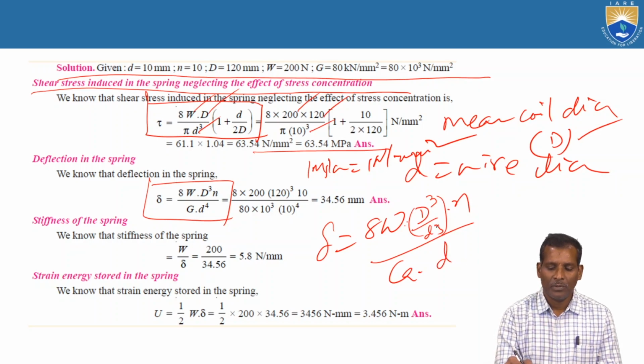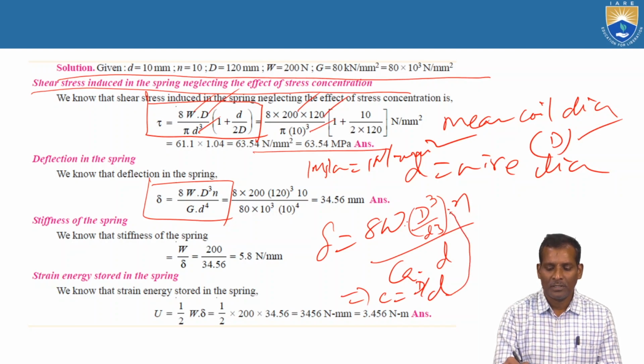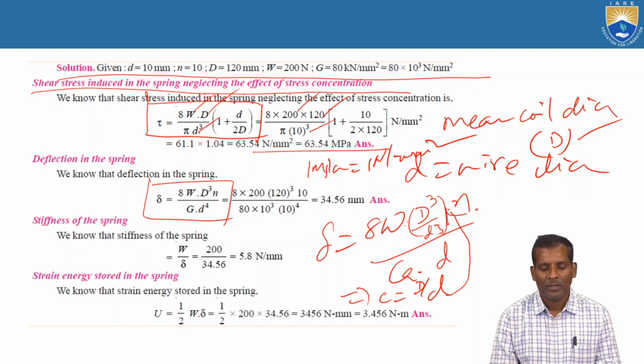So here in place of D by d you may write C. C is equal to capital D by small d. Clear? So you can substitute the C value in this.